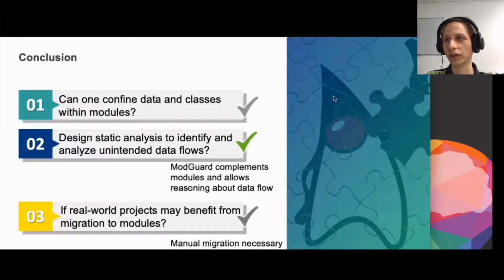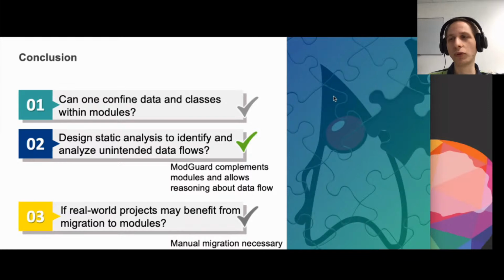So to conclude, what does it mean for the module system? The module system can confine types from escaping, but it does not prevent data and internal instances from escaping. But module analysis and escape analysis like ModGuard can complement the guarantees the module system provides by discovering unintended data flows through which internal data types, classes, methods, and values may escape.